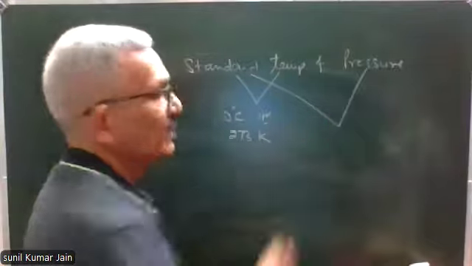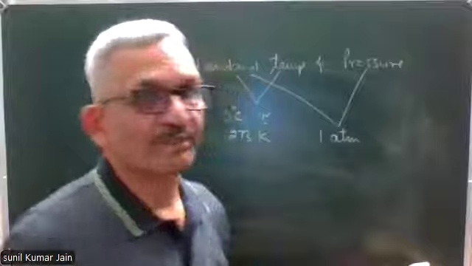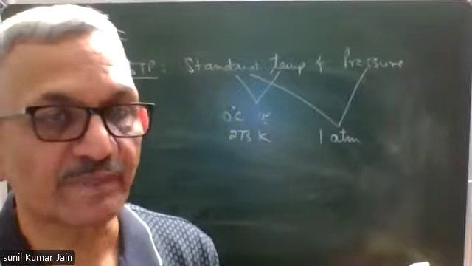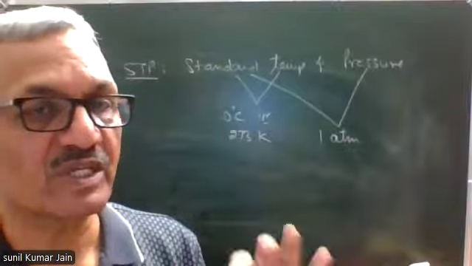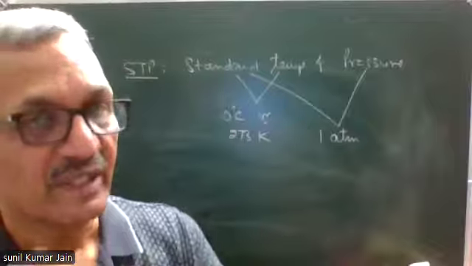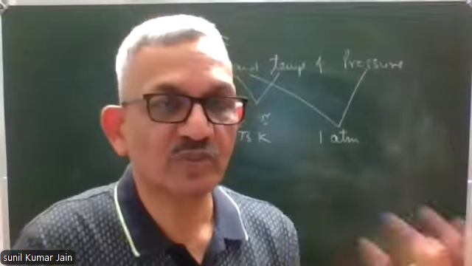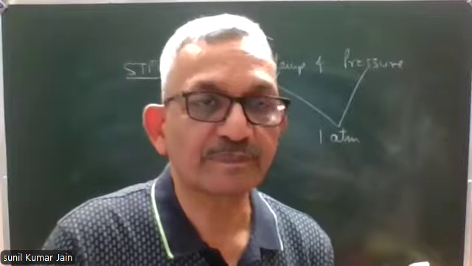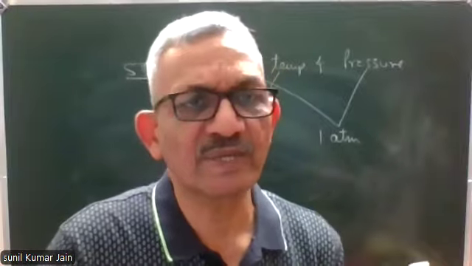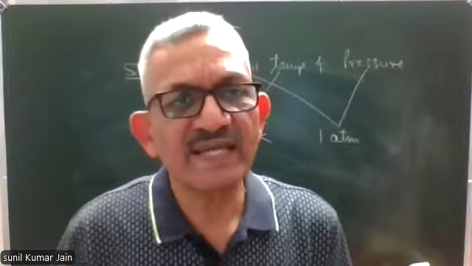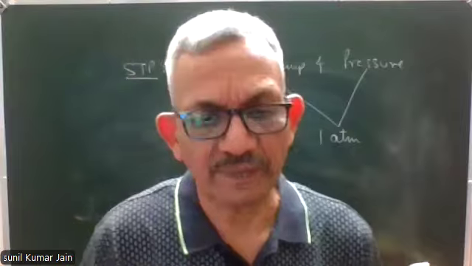Standard pressure is 1 atm pressure. Atm is the unit of pressure. Full form is atmosphere. So 1 atmospheric pressure is called standard pressure. There are various units of pressure. Pressure is also used on millimeter scale, used on bar scale, used on Pascal and kilopascal scale. There are various units. In the due course of time, as and when required, I'll keep on telling.